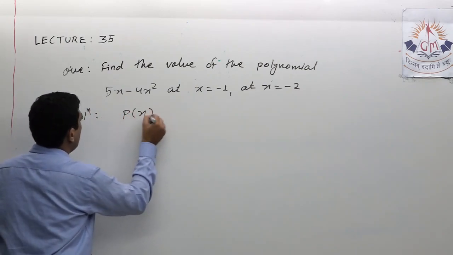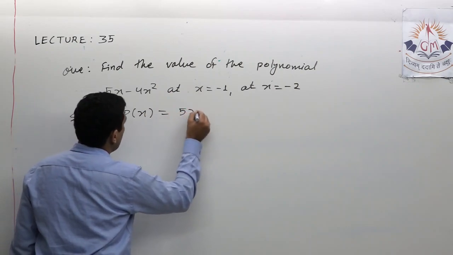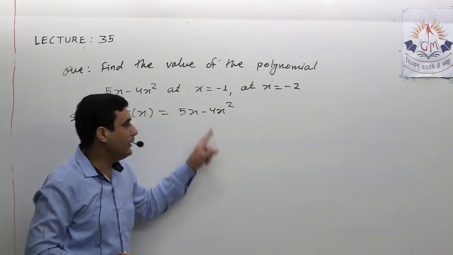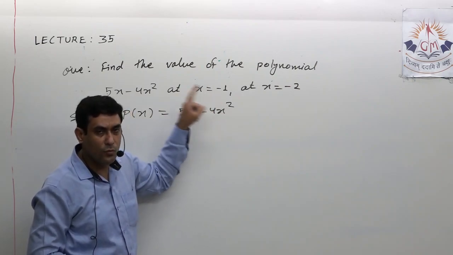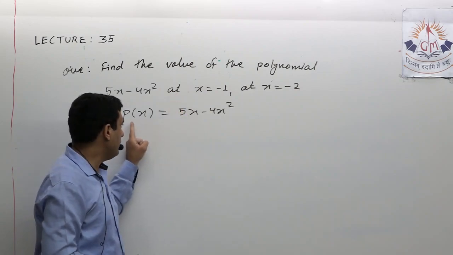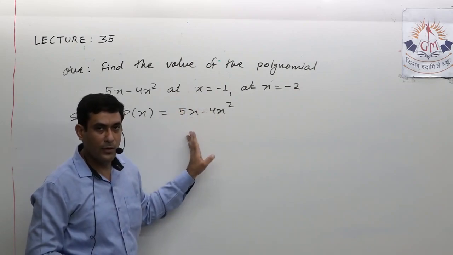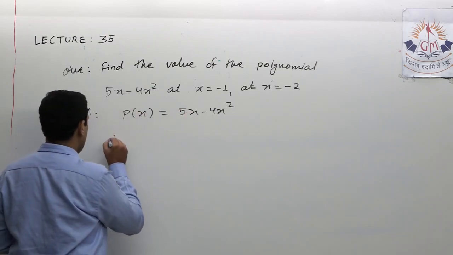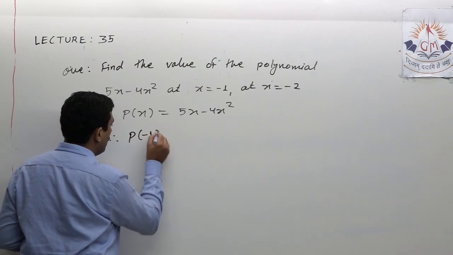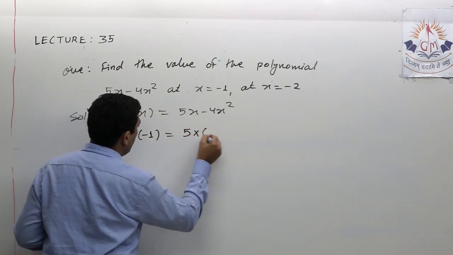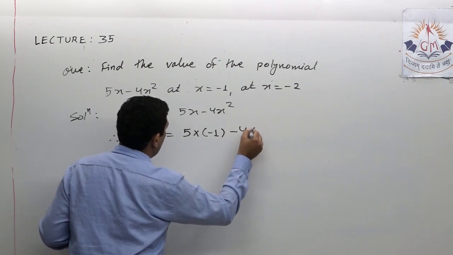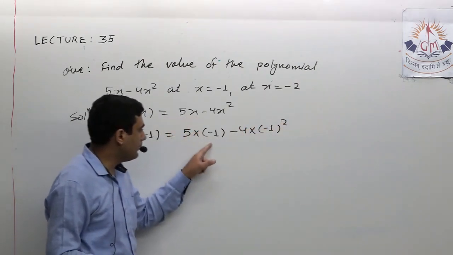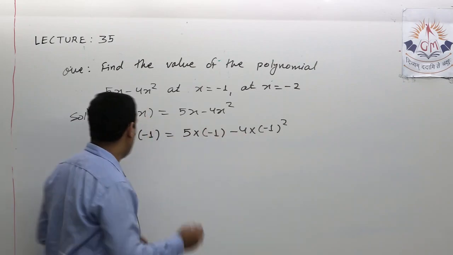We have p(x) equal to 5x minus 4x square. Now I have to find the value of this polynomial at x equal to minus 1. So what I have to do? I have to replace x by minus 1, or substitute x equal to minus 1. So p of minus 1 is equal to 5 multiplied by minus 1 minus 4 into minus 1 whole square. Wherever there was x, I replace it by minus 1.